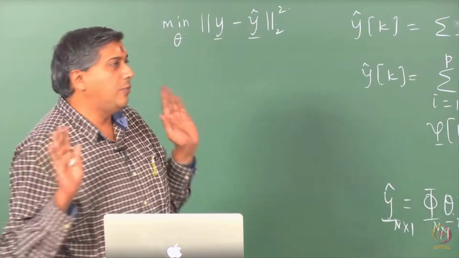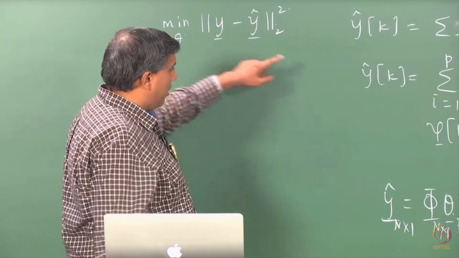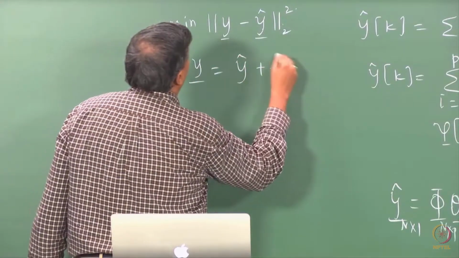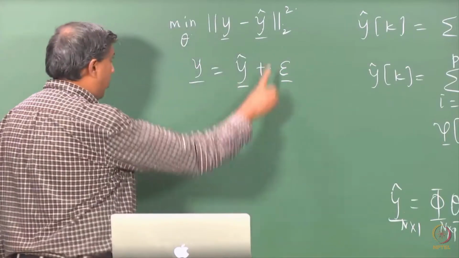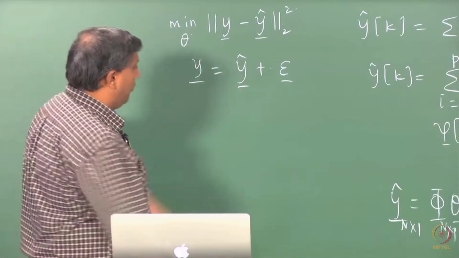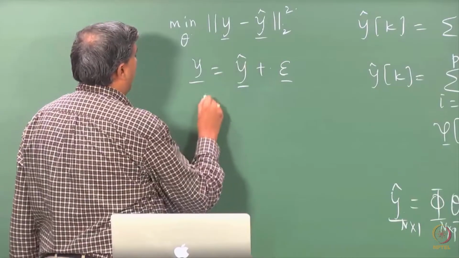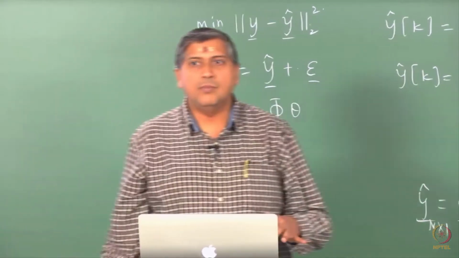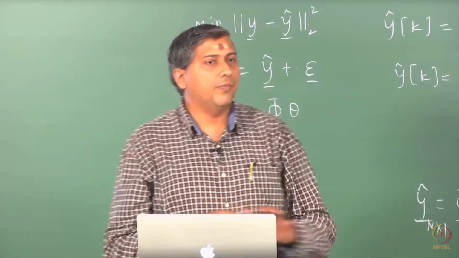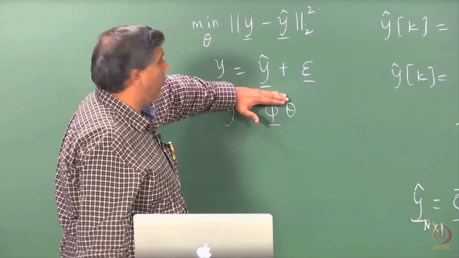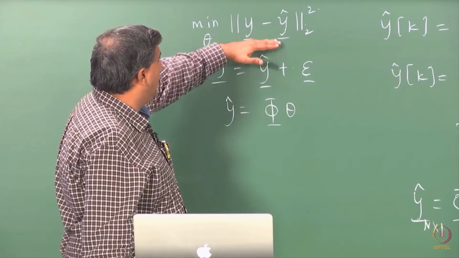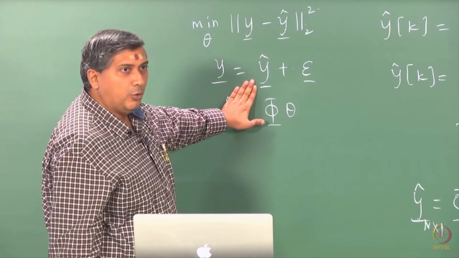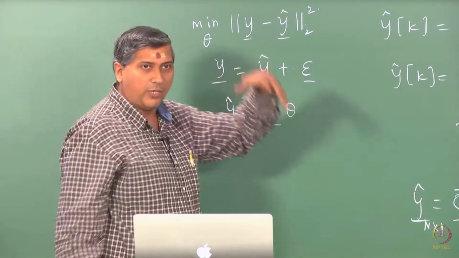Now, the projection theorem tells me what to do if I want to find a theta. We are writing y equals y hat plus some epsilon. Epsilon is also a vector, and y hat we know is phi times theta. What the projection theorem says is, as long as you want to break up y into two parts such that this is minimized, the solution is always such that the epsilons are orthogonal to the space in which the predictions or the projections lie.